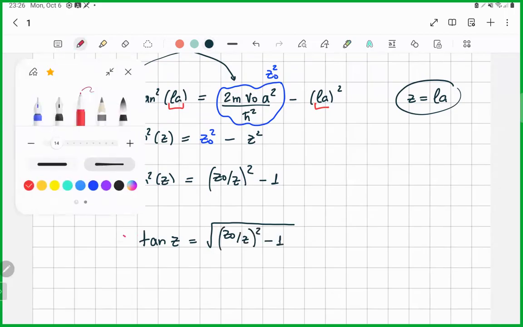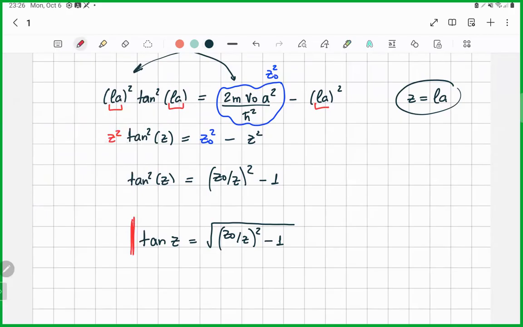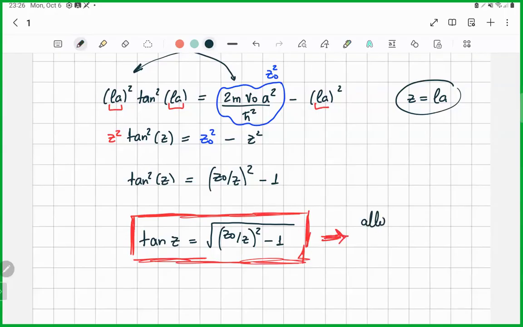Excellent. This is our transcendental equation that once solved will give us Z. And what is Z? Energy. Okay, so this is the equation that will give us the allowed energies for this problem.